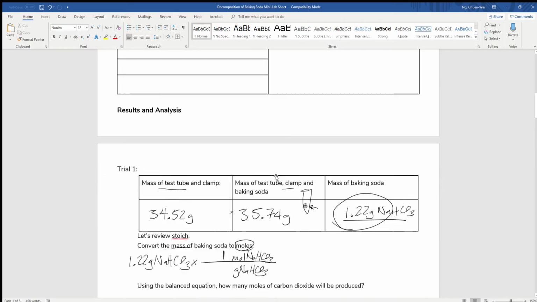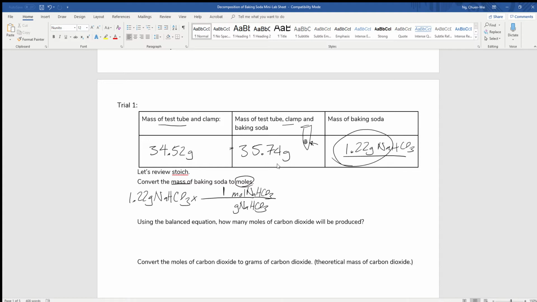So let's go back down here, and I'm going to put 84 on the bottom. Now I just divide that number by 84, and I get 0.0145 moles of baking soda, NaHCO3. So now that we have these moles, that's good.